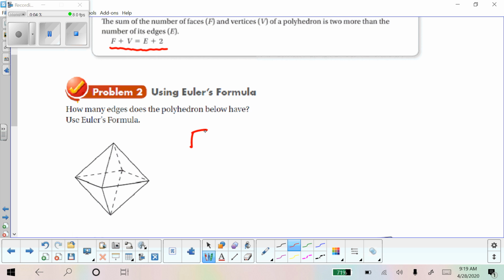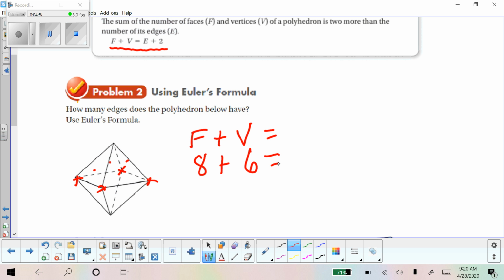So let's count just the vertices plus the faces. And we know that the number of edges will be 2 less than that total. So the number of faces is 1, 2, 3, 4, 5, 6, 7, 8. The number of vertices, those are the corners, there's 4 here, then 1 on each end, so that's 6.